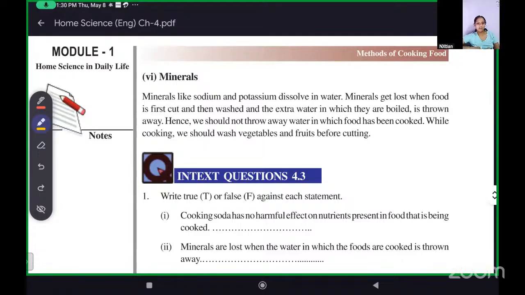So it's all different, it's how people follow it. But the thing is mainly that a lot of washing and then draining out the water just leads to loss of the nutrients and minerals.